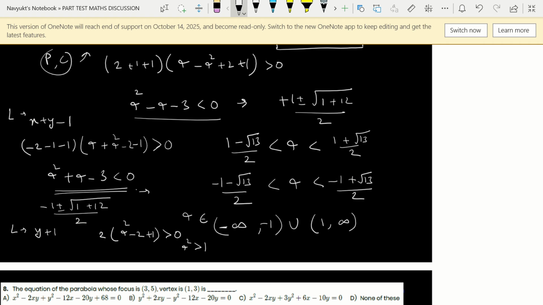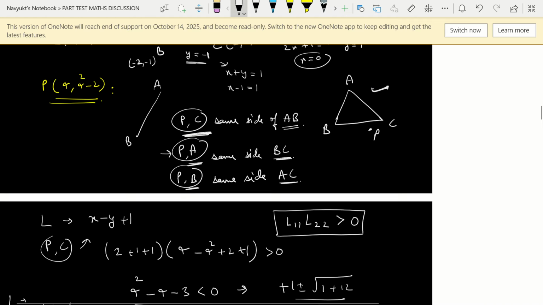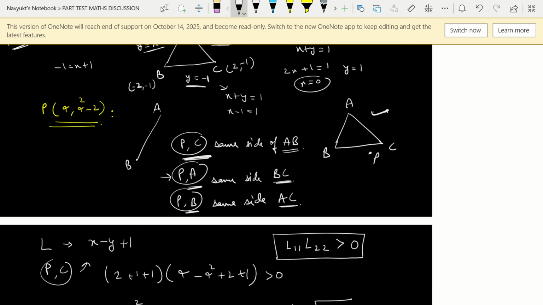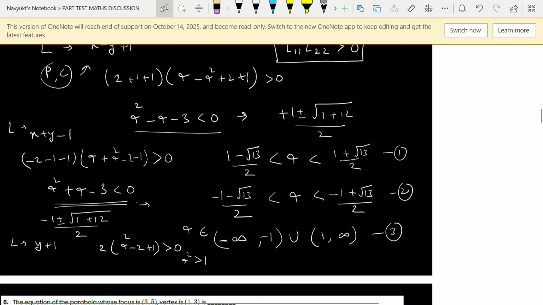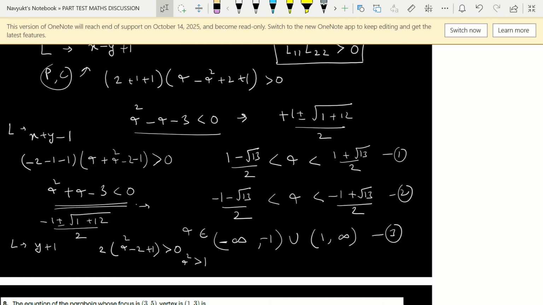This is correct. Now this is our first, second, and third results. What we just discussed above, that all three conditions should be fulfilled. So we'll take the intersection of these three conditions. Now you will just observe that the value which is here, this is minus 1. We'll draw the number line for this.